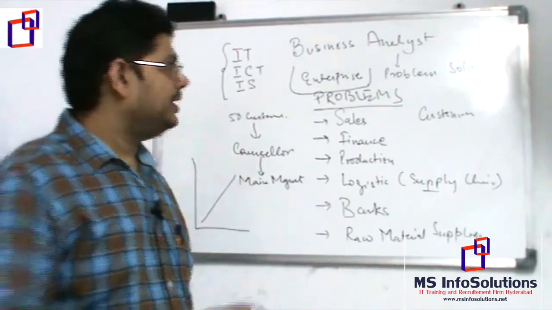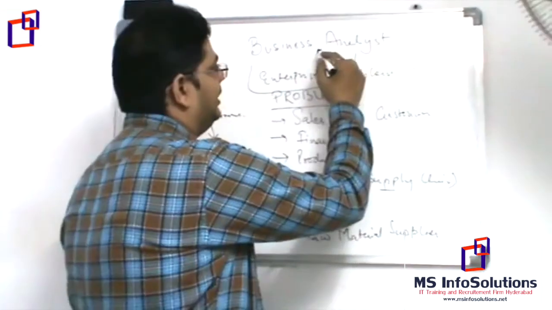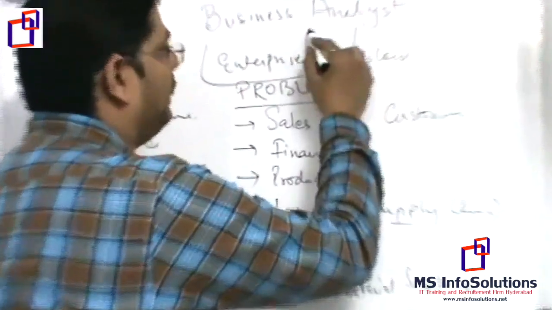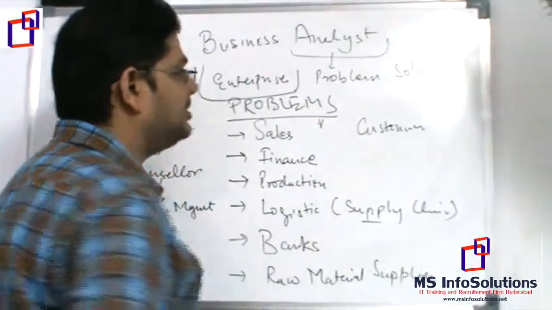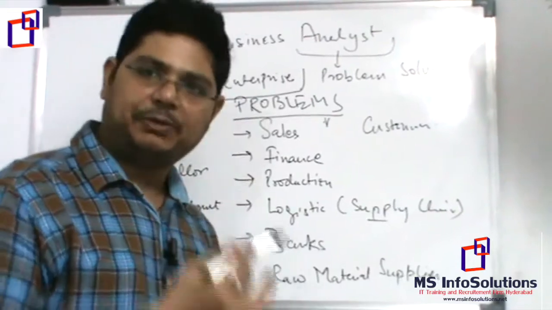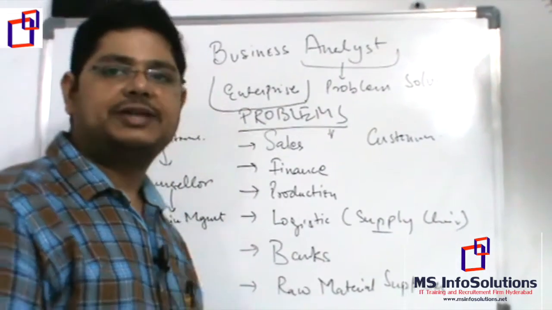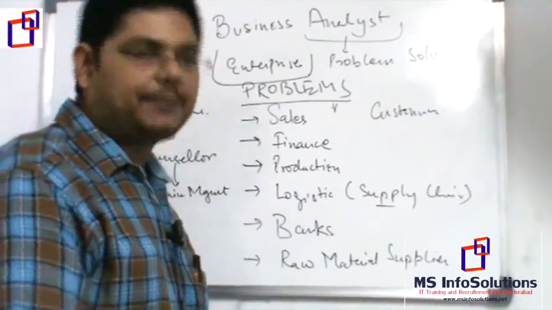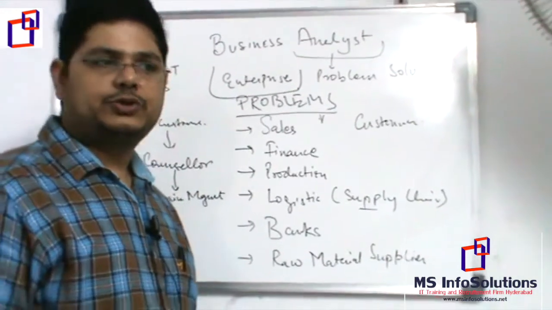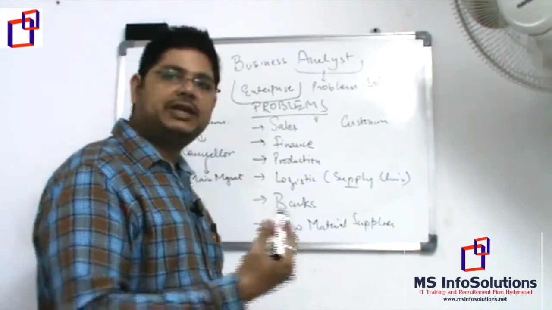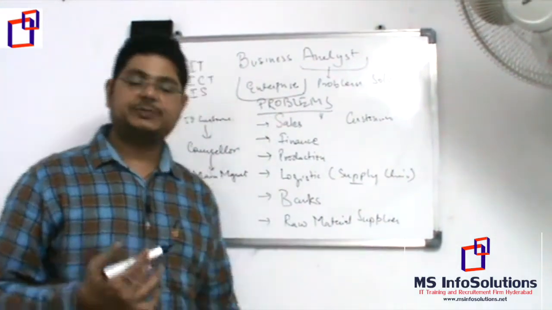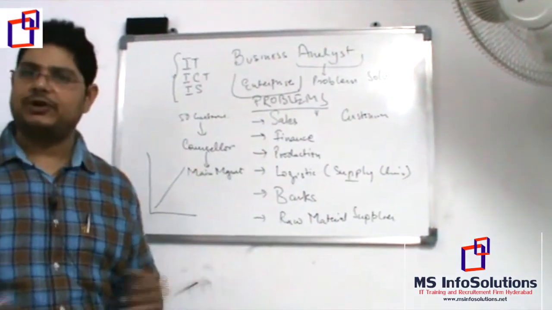Now we have things like the analyst. We come into place when our business owners have these kinds of problems. They need some people who can solve their problems to give them the benefits which they deserve, especially in a very competitive, very global world.